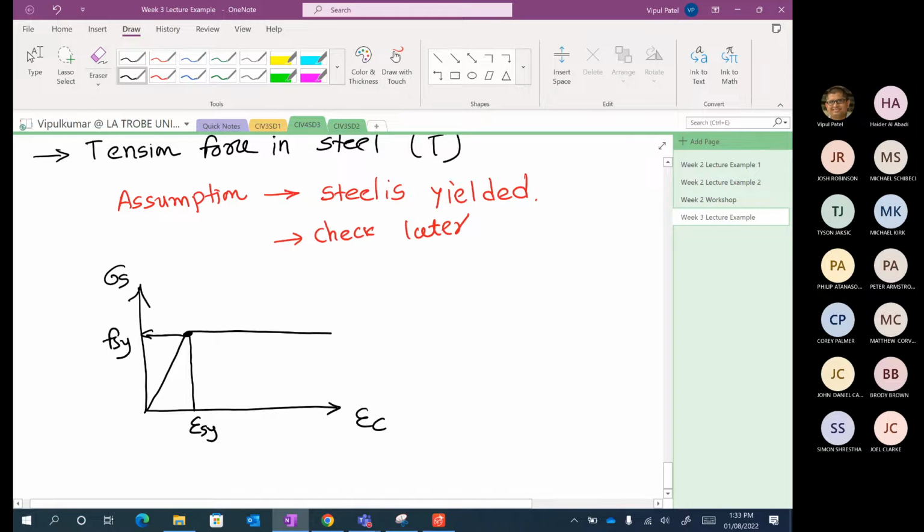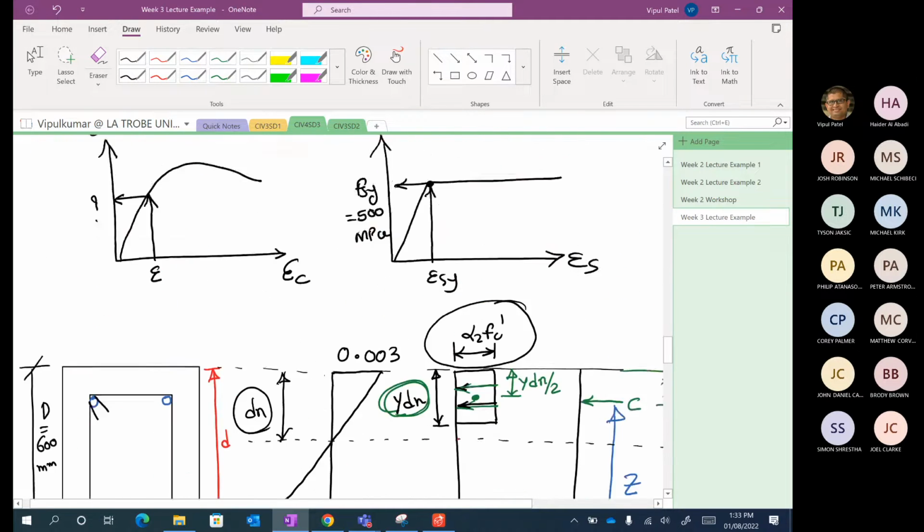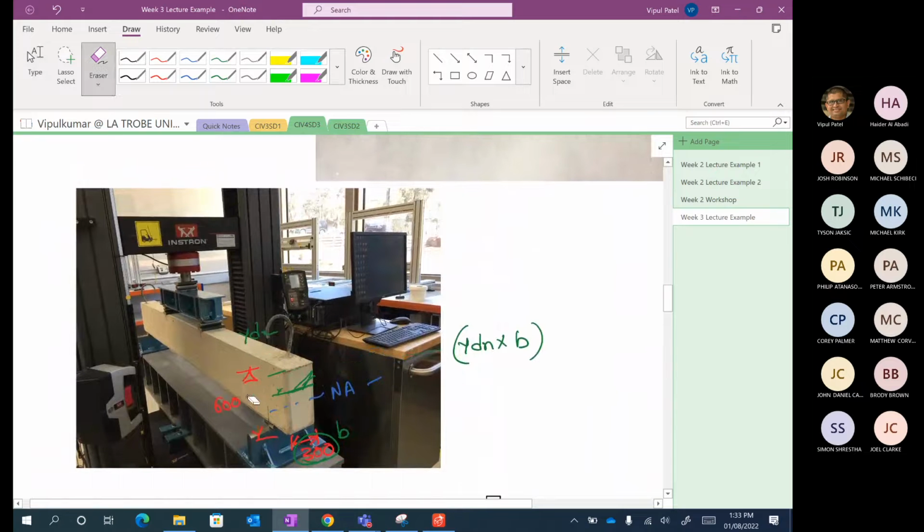Your answer is, the steel is going to fail first. That's what we want, because otherwise, let's say in this beam you have these three steel bars sitting here, and if I load this beam, if the concrete crushes first.